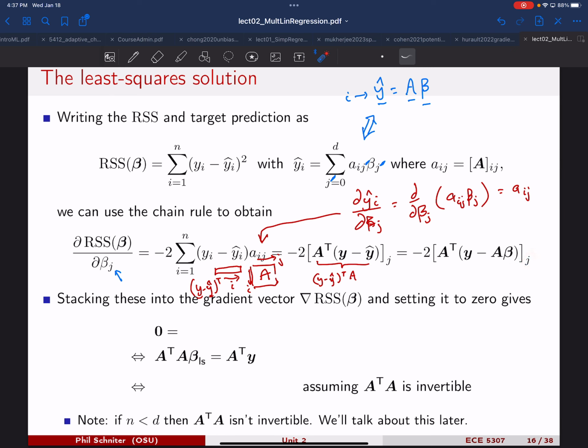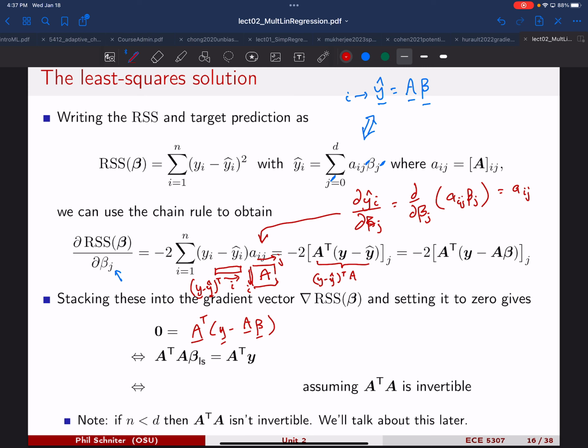So I want this to be equal to 0 for all j, which tells me what about this vector? That should be equal to the 0 vector, right? Every entry should be 0. So that's what we have down here. The 0 vector, this is the boldface 0, equals A transpose (y minus A beta).